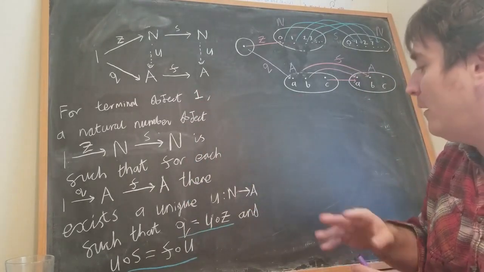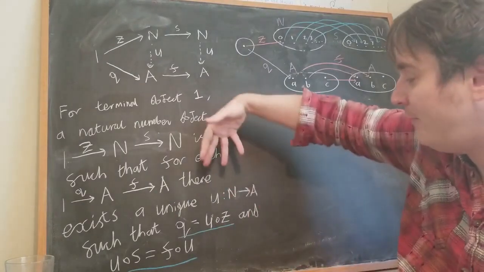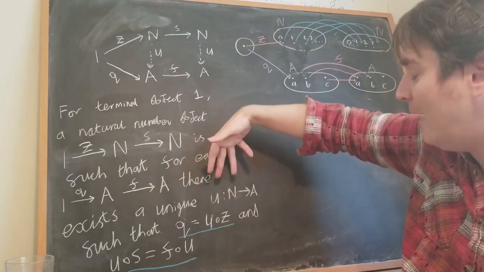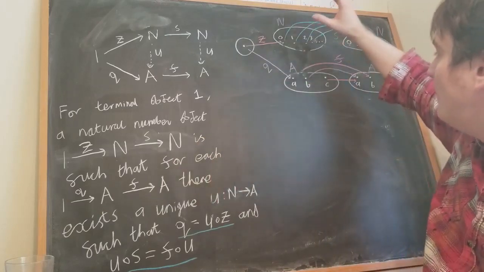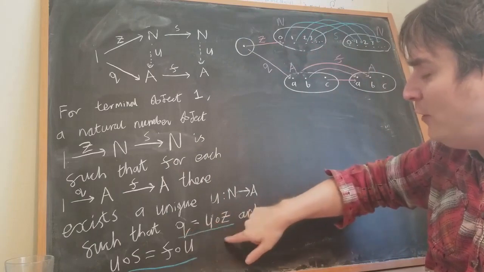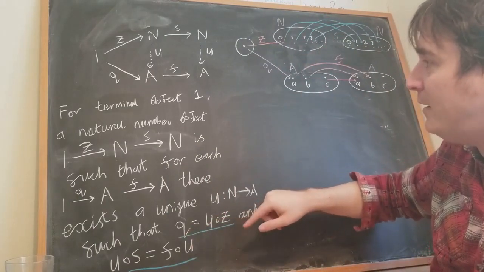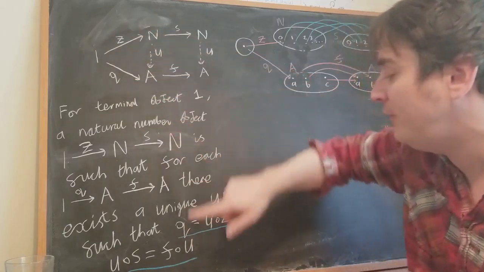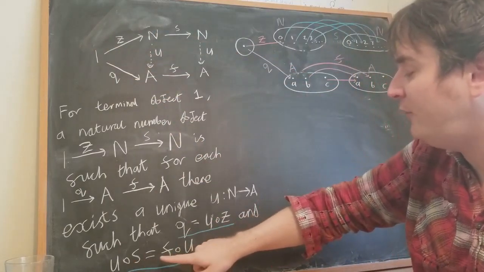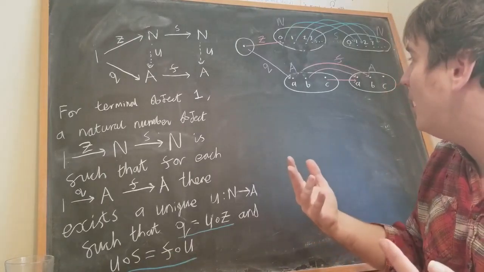Essentially, there's a unique arrow u from n into a which satisfies these two equations here: q is equal to u after z, so that's this diagram commuting, and u after s equals f after u. So what does this stuff mean?